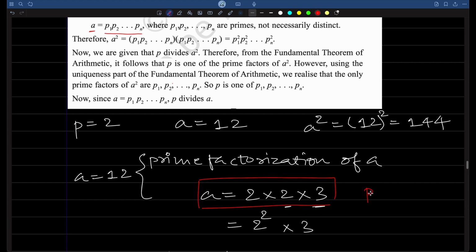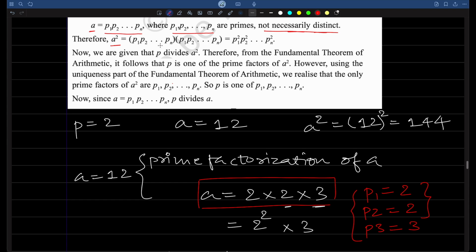So I can write p1 equals 2, p2 equals 2 and p3 equals 3. Now further in this theorem, where p1, p2 up to pn are prime, that is p1, p2 and p3 are prime numbers and not necessarily distinct, that is p1 and p2 are not distinct.